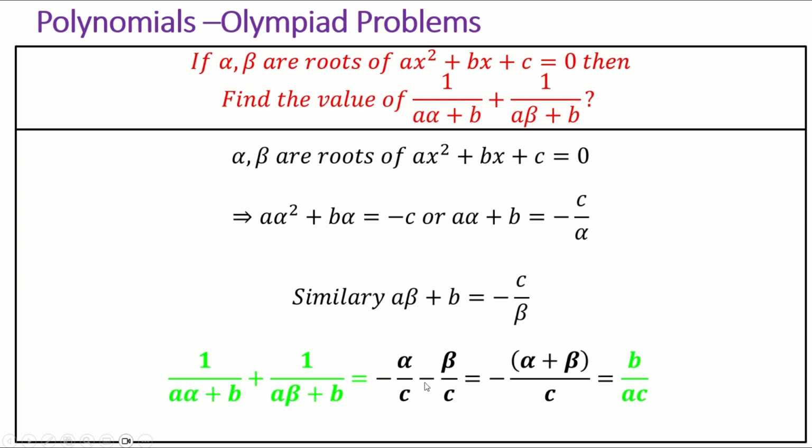Minus alpha by c minus beta by c, which is minus of (alpha plus beta) by c. Alpha plus beta, the sum of roots of the equation, is minus b by a. So if you substitute, what you will get is b by a c. This is the answer. Okay, next.